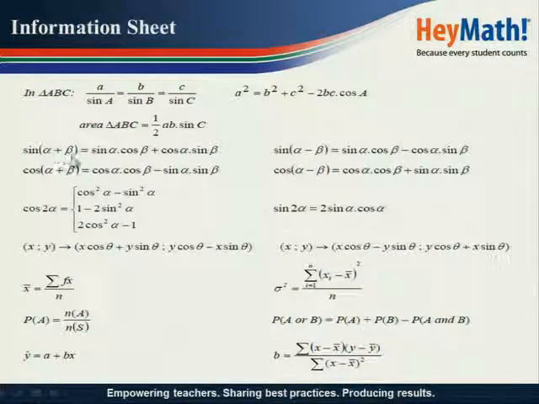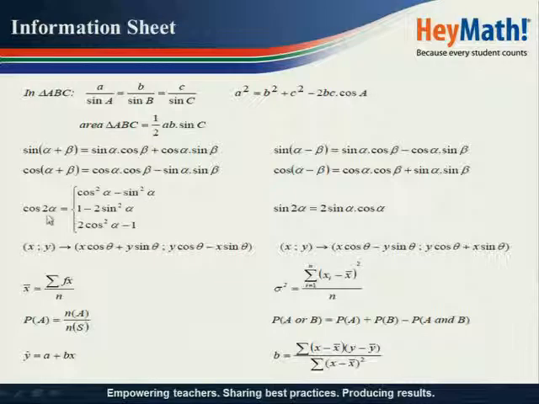The sine and cos of alpha plus beta is a compound angle, and here sine and cos of alpha minus beta is a compound angle. These formulae appear in the formula sheet. So in case you have forgotten the formula, it is always advisable from time to time to refer back to the formula sheet so that you can write down the correct formula.